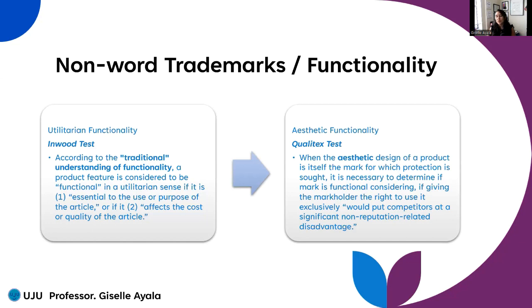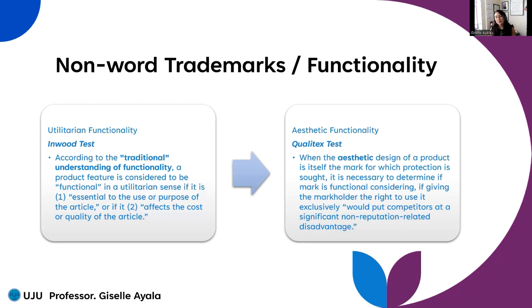But it might be something about the product, the presentation of the product, that is not created for the purpose or for the use of that product, and it's not related to cost or quality. Maybe there's something else more than just making a product appealable to the consumer.